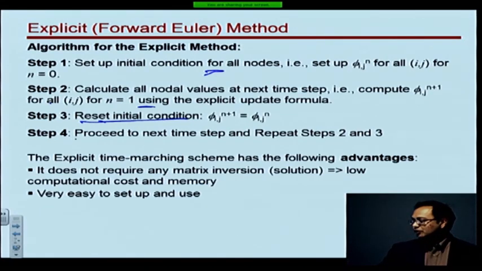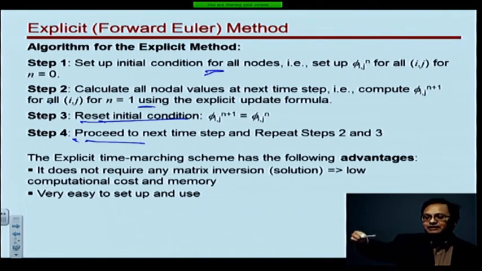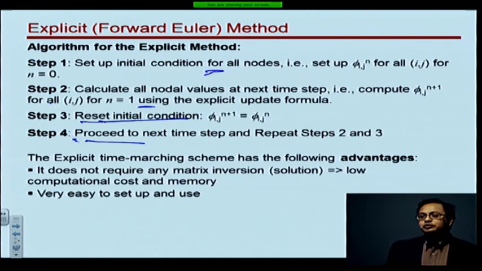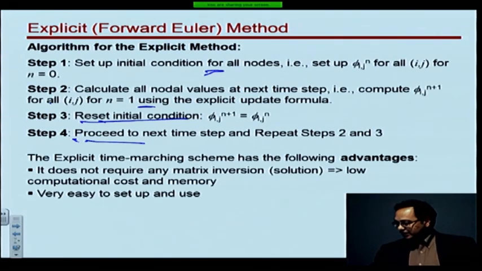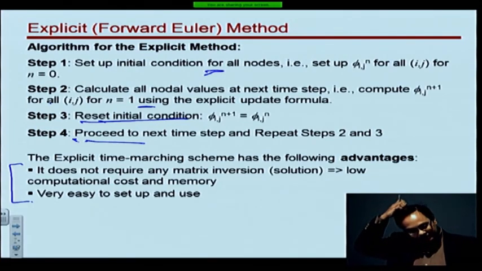Then you move on until convergence happens, and in this case, you are proceeding to the next time step until you think you have gone so many time steps, or until you get a steady state solution. That's basically the idea. So there is a strong analogy between time stepping using the explicit forward Euler method and the Jacobi method.